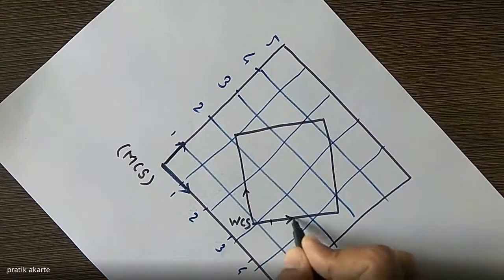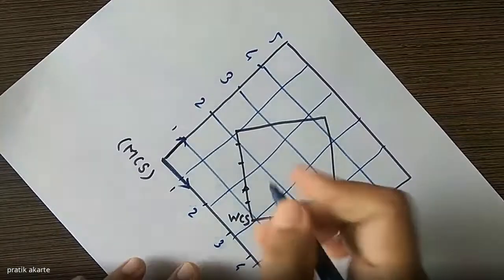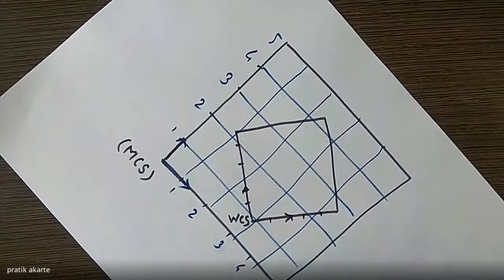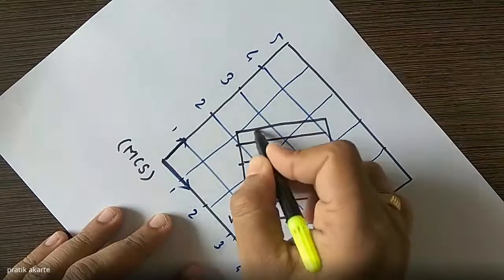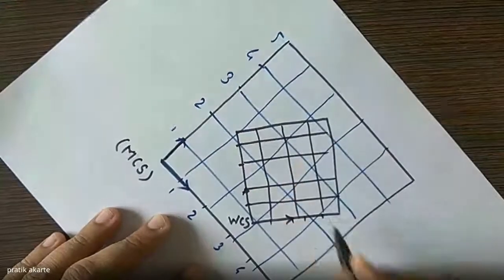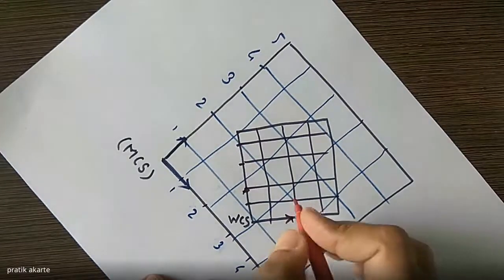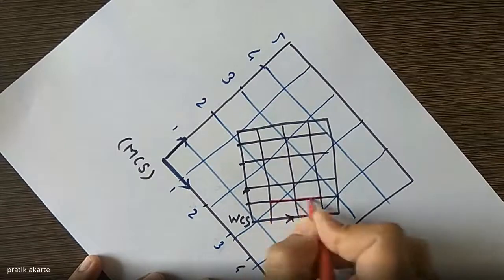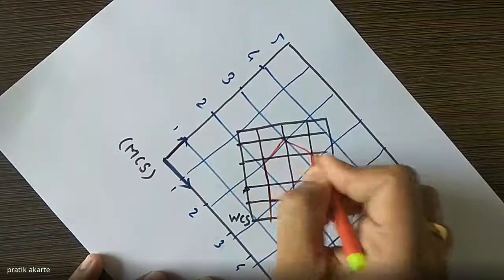Now it is also having some coordinates, like this. The user is drawing a model with respect to this working coordinate system, something like this.